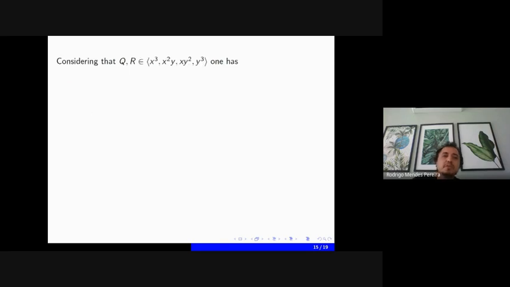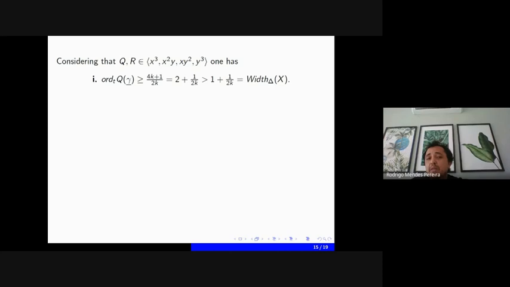Okay, so considering that the two last functions belong to this ideal, one has the good inequalities directly from the computation. Suppose, without loss of generality, the minimum is realized by the Q, for example.